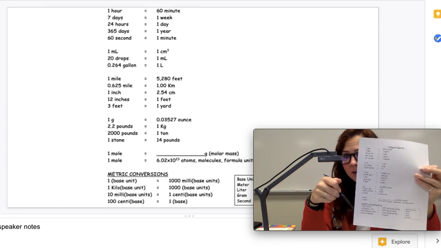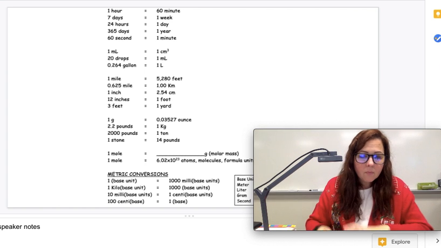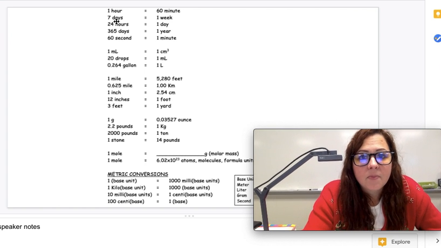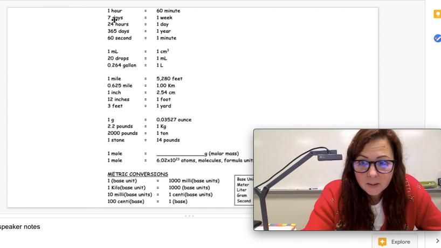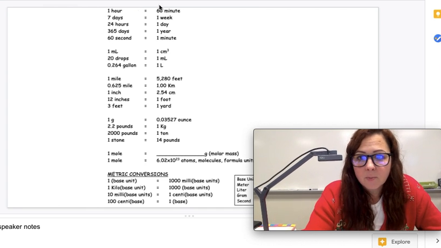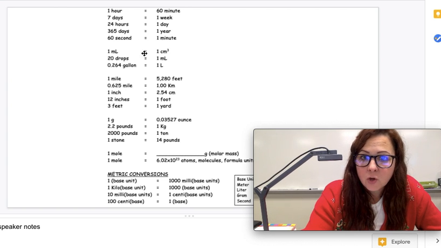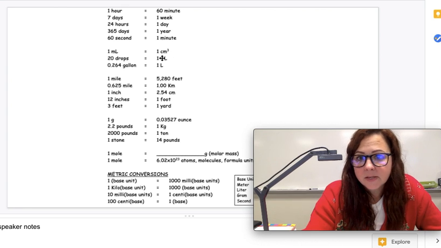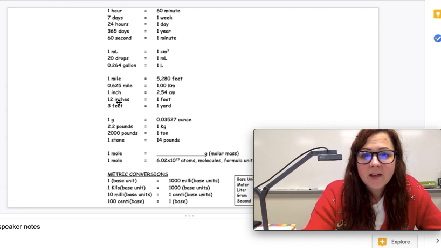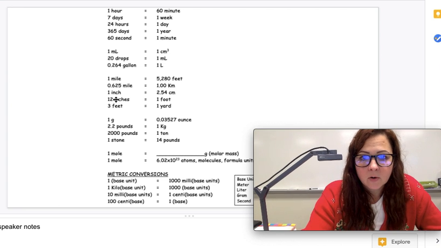You have these different categories. Looking at this, this first little chunk up here all has to do with time. So anything that's time related is going to be up here. The next little chunk here is all volume, so you have milliliters, drops, gallons, liters, things like that. Then we have distance or length, so miles, inches, feet, centimeters, kilometers, things like that are all here.